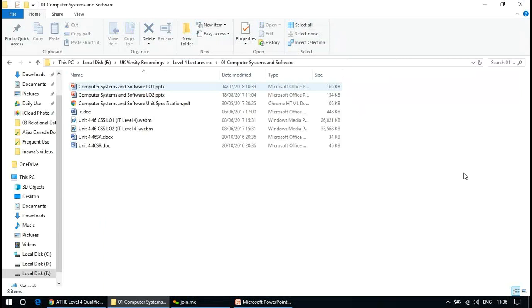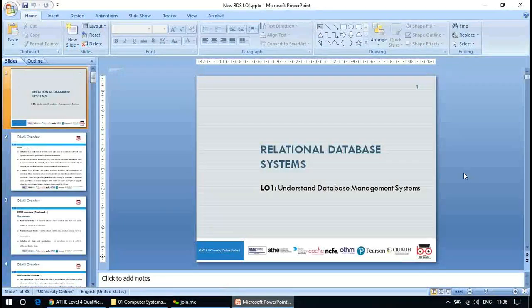So once you finish this unit, introduction to computers is done very well, and you should be able to understand very well what the database system is.